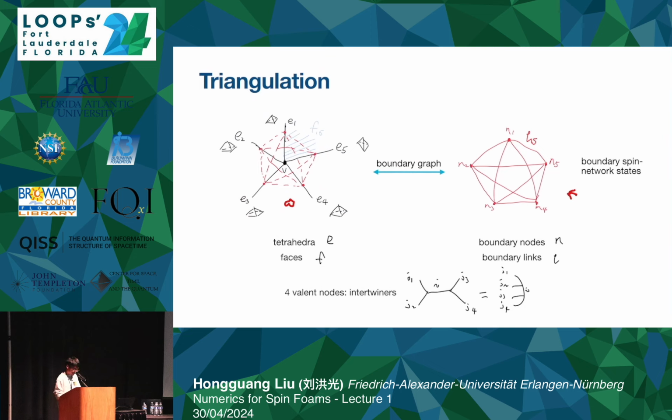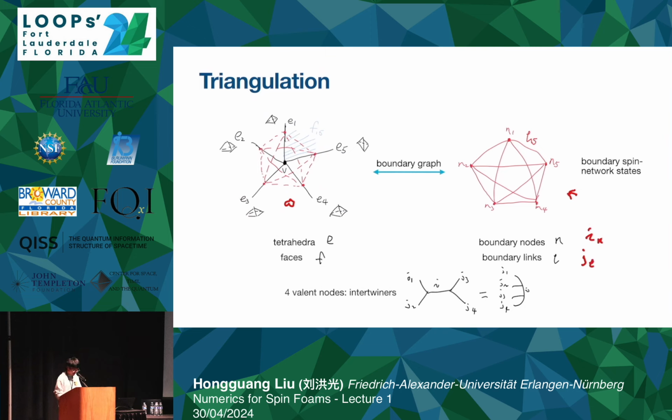We know that each link is colored by a spin j, and each node is given by an intertwiner. Why is this intertwiner given by exactly this 4-valent node intertwiner? We have a coupling of 4 spins.